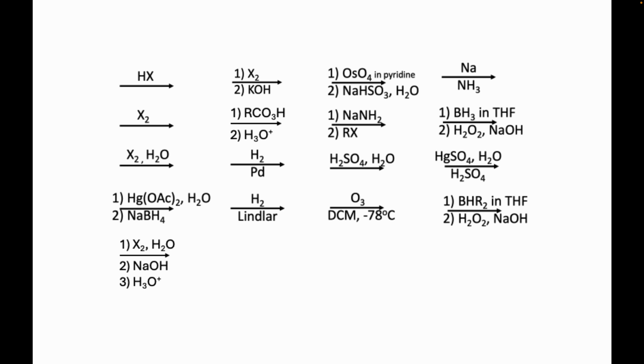The first step would not occur, so there would be no second step. What does sodium and ammonia do? It turns an alkyne into an alkene. It is a syn addition, so those two methyl groups are going to be pointing on the same side.